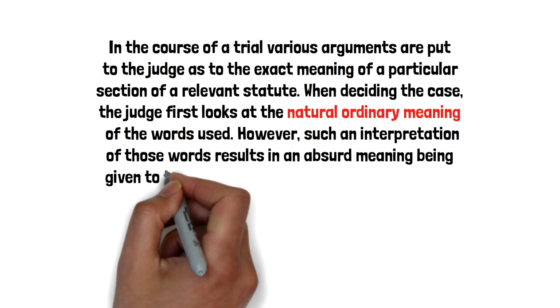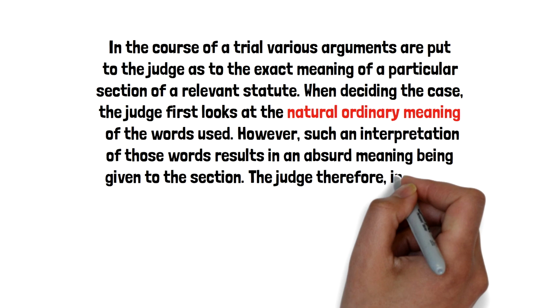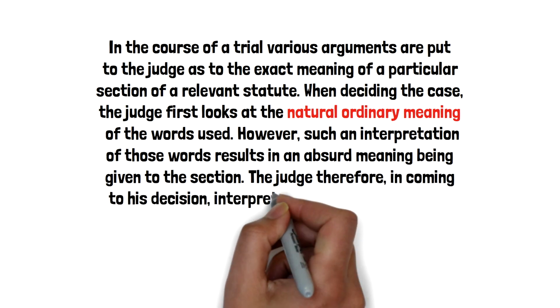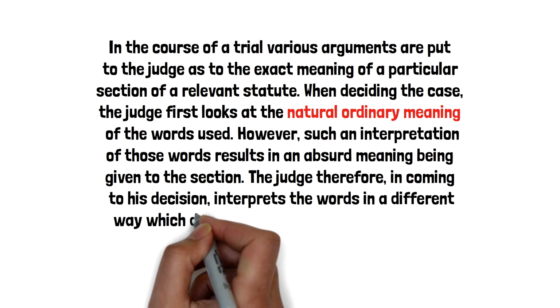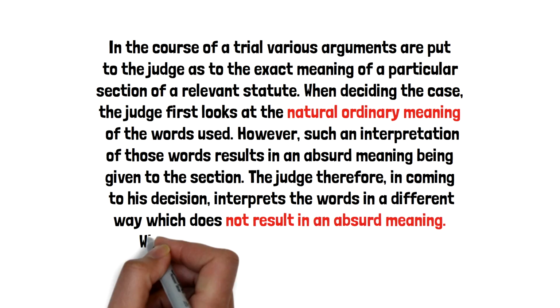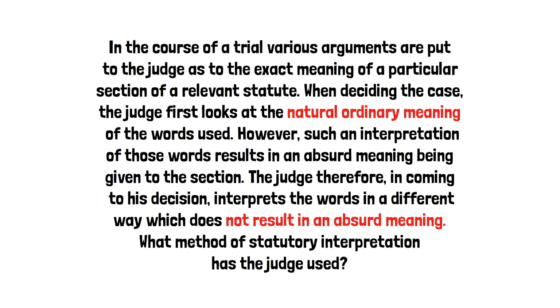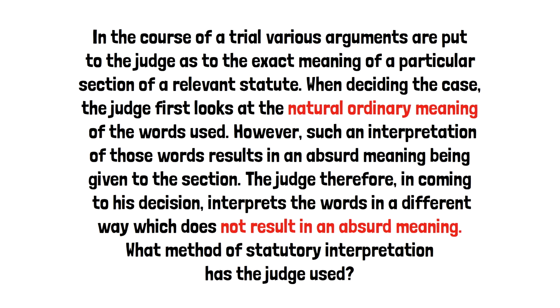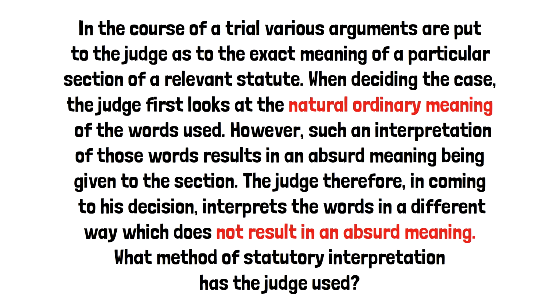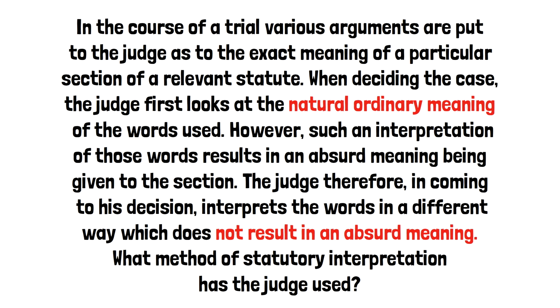However, such an interpretation of those words results in an absurd meaning being given to the section. The judge, therefore, in coming to his decision, interprets the words in a different way, which does not result in an absurd meaning. What method of statutory interpretation has the judge used?